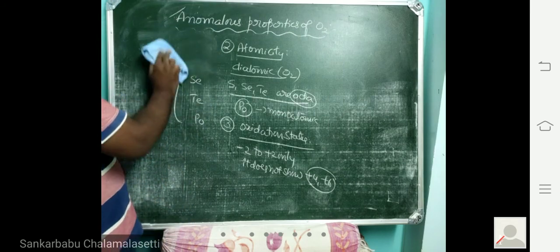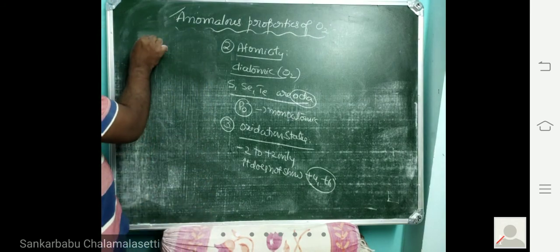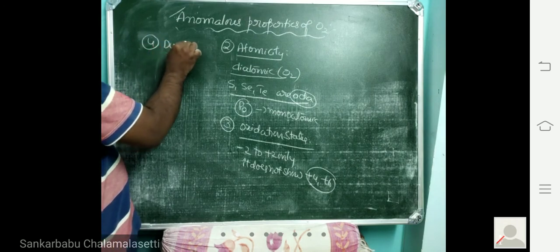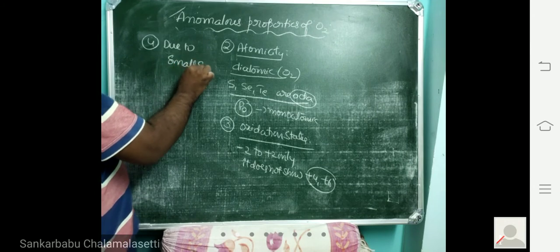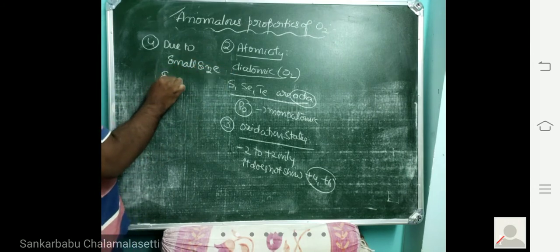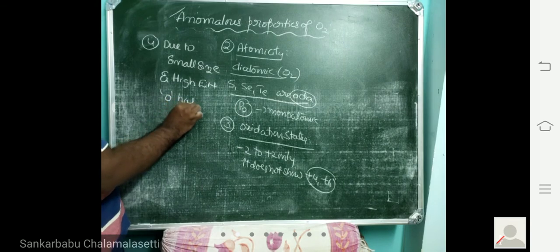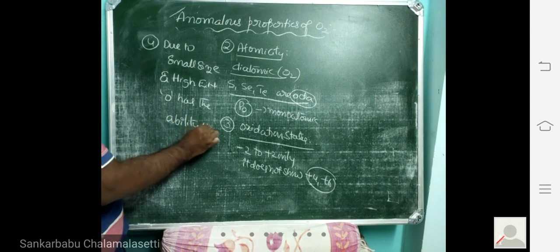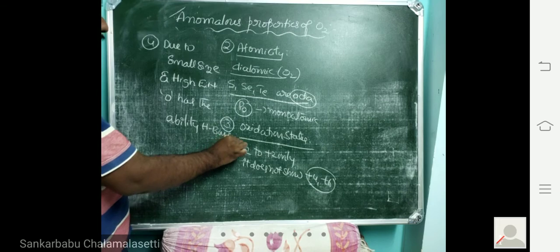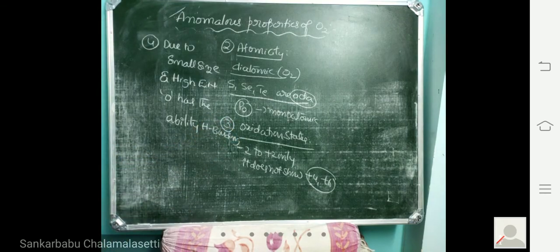And the next anomalous property shown by oxygen is, due to small size and high electronegativity, oxygen has the ability to form hydrogen bonding, whereas other elements of this group are unable to form such type of hydrogen bonding.